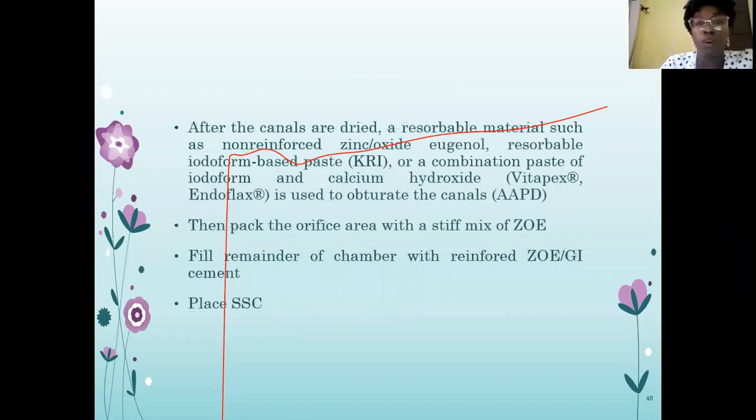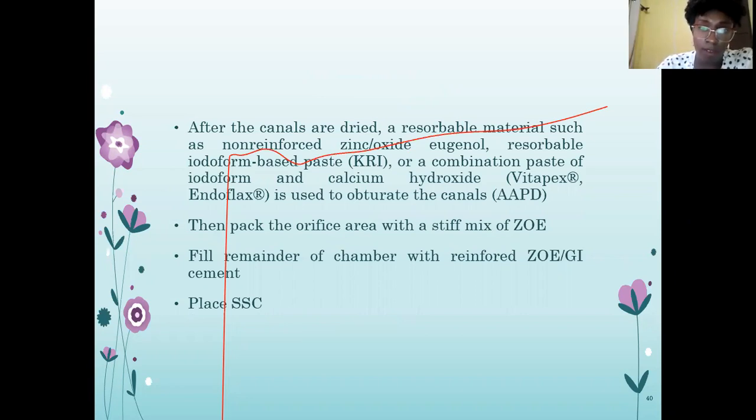Then to obturate your canals, there are several materials that are recommended, and they ought to be resorbable. So you have non-reinforced zinc oxide eugenol, iodoform paste, that is KRI, a combination of iodoform and calcium hydroxide, Vitapex, we've come across this, and Endoflax.